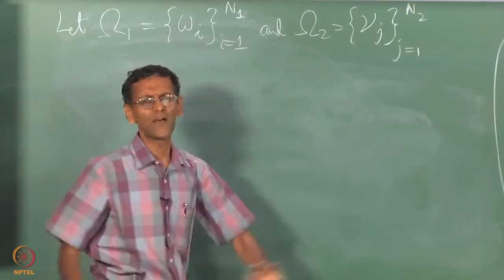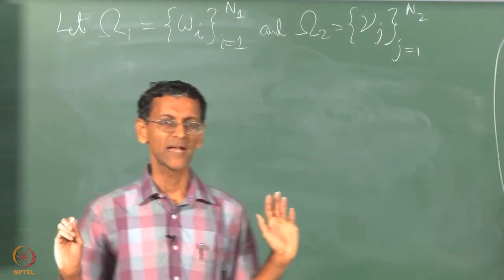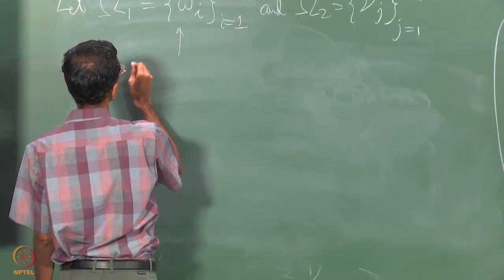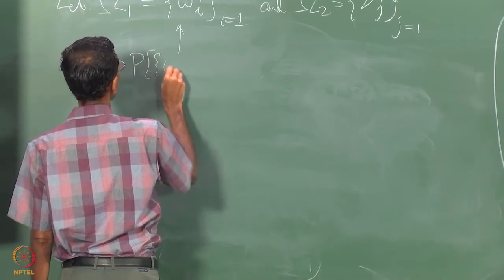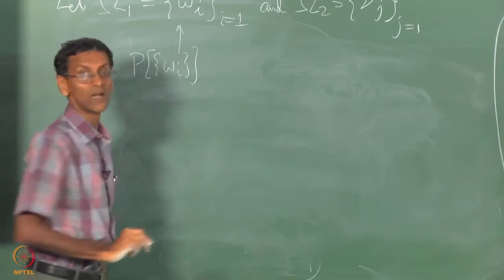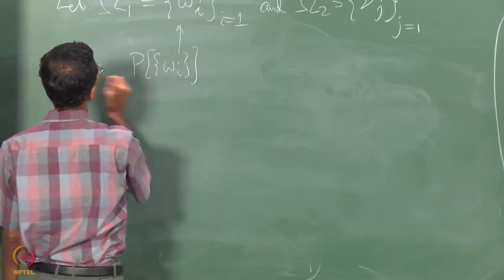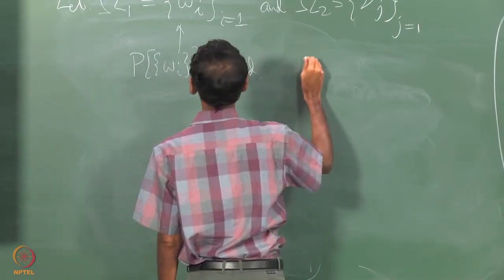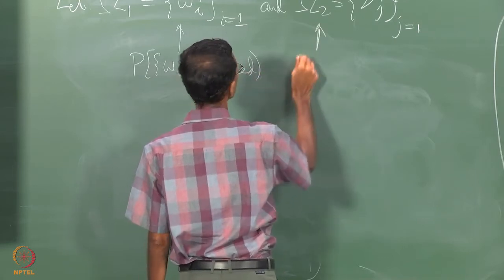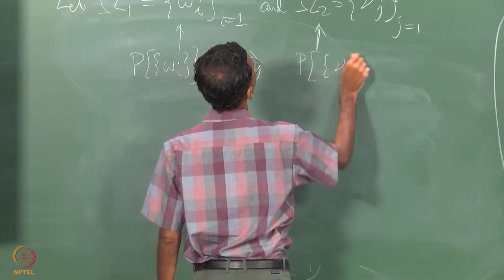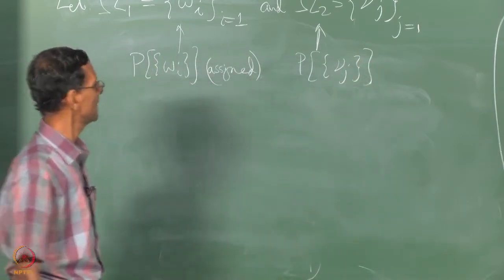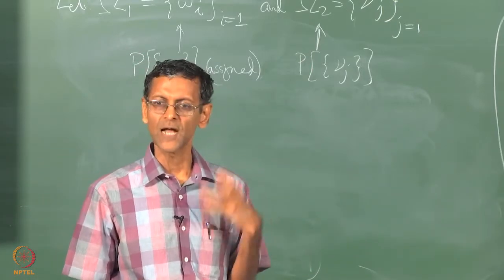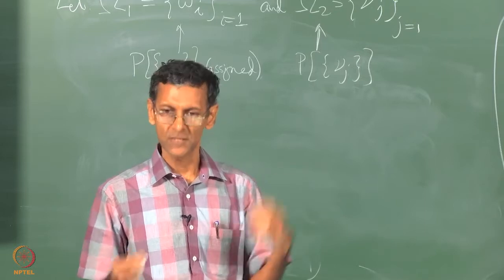And then independently or separately, let us say we start out with some probability assignments to the two. So here we have the probability assignments capital P of omega i. These singleton events here already have probabilities assigned to them, and here you have the same, so both of these are assigned. This is anyway our starting point for the discrete case. We have already said that we are going to start by assigning probabilities to all the sample points of the discrete space.